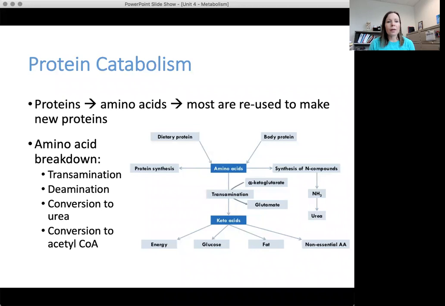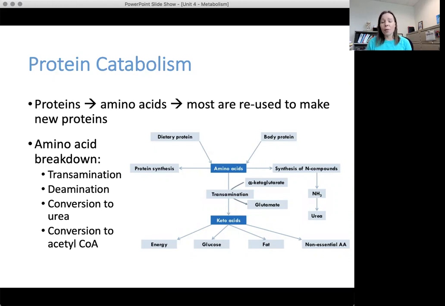So we'll start with protein catabolism. Like I said, proteins are always broken down into their individual components, which are the amino acids. And this is promoted by the hormone cortisol.